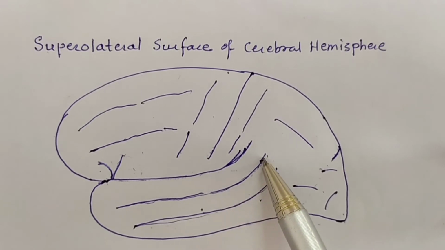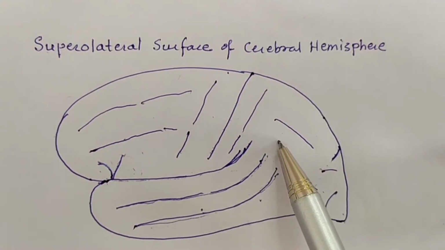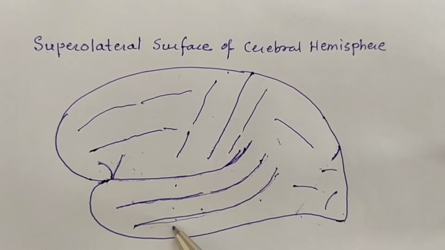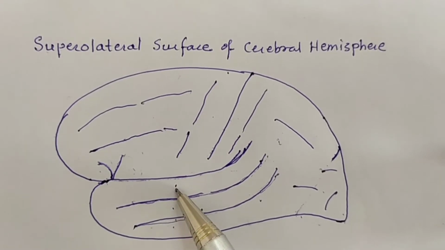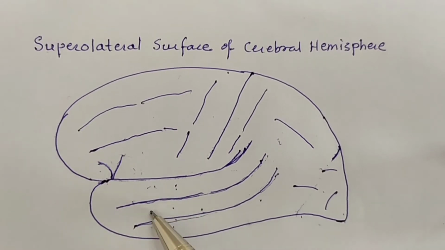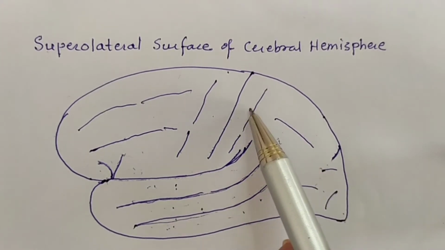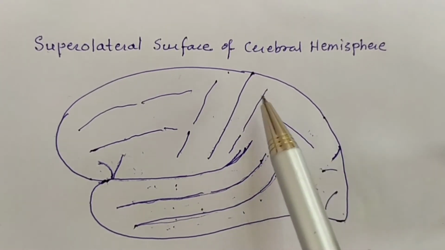And these sulci extend into the parietal lobe, into the inferior parietal lobule. So these two temporal sulci divide the temporal lobe into three gyri: superior temporal gyrus, middle temporal gyrus and inferior temporal gyrus. This is the parietal lobe.